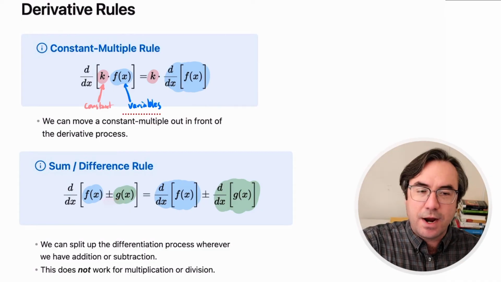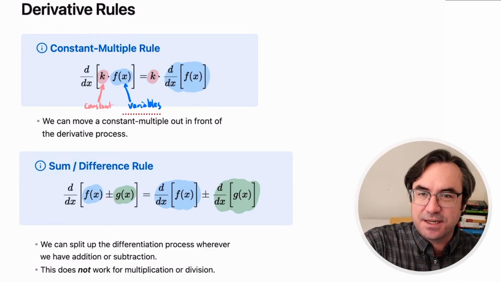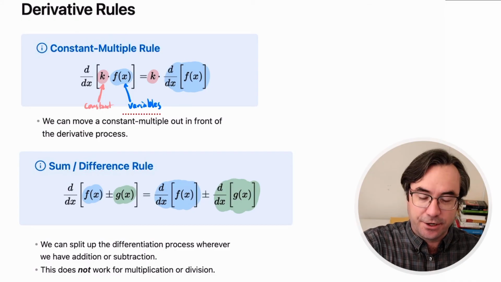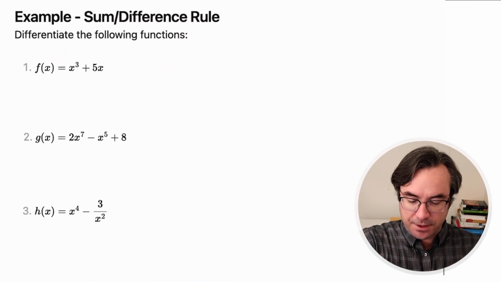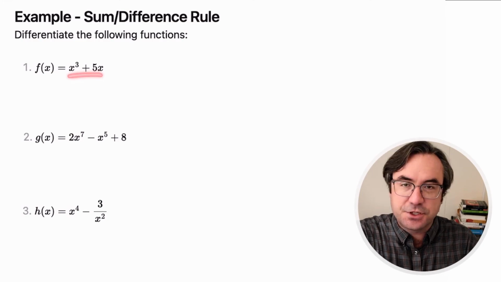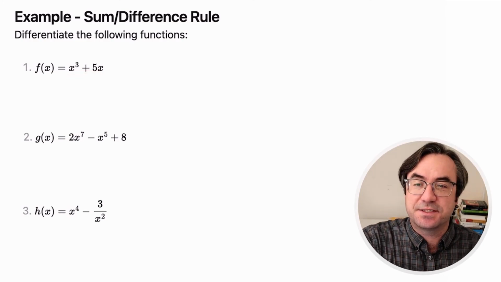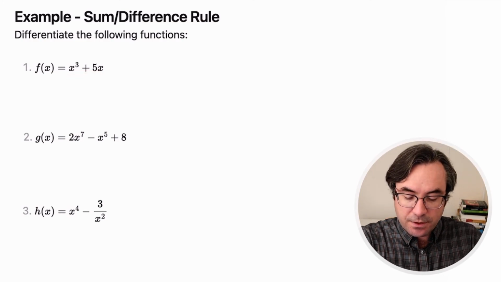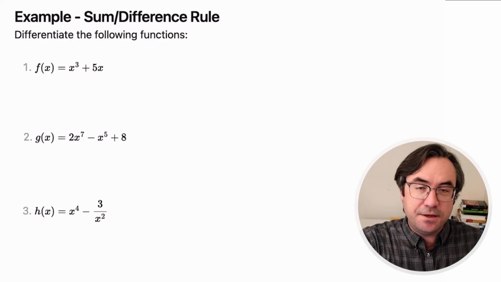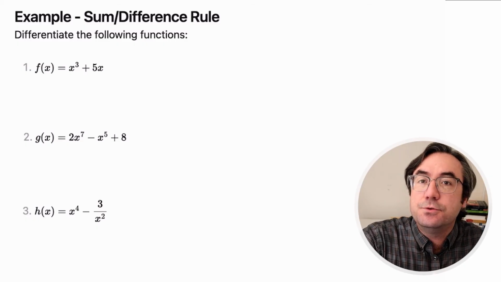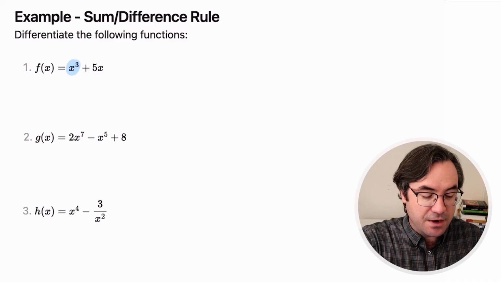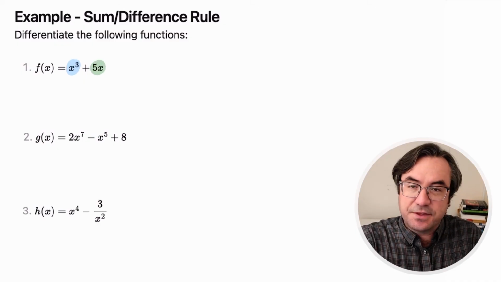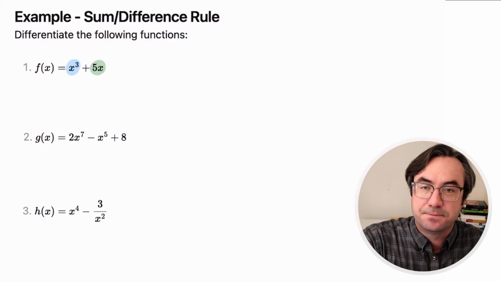So let's practice one of these. Let's do a little bit of our sum rule here, and we're going to look at just the first one, the function x cubed plus 5x. When we look at this function, we see there are two terms: the x cubed first, then we're adding, and then this 5x second.